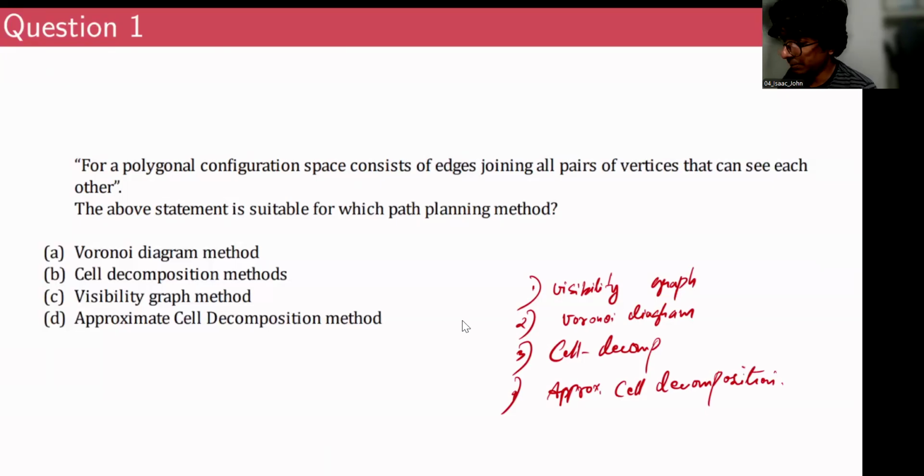So this statement is applicable to one of these four graph construction methods.